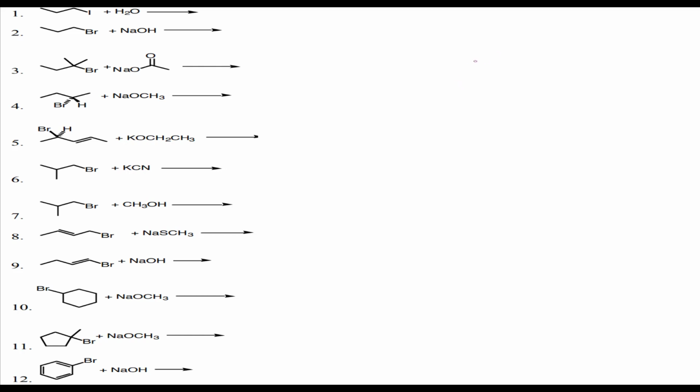Well, you're probably wondering, what's an SN2 reaction? Well, an SN2 reaction is just a one-step process. So it's one step, and you have to be an anion, right? That just means that you have to have a negative charge.